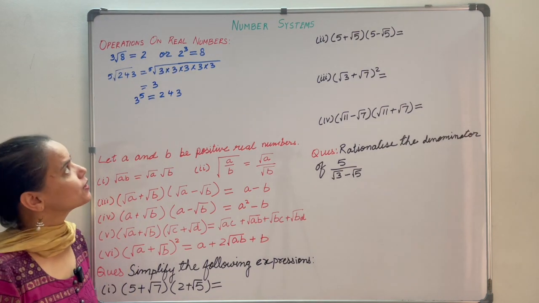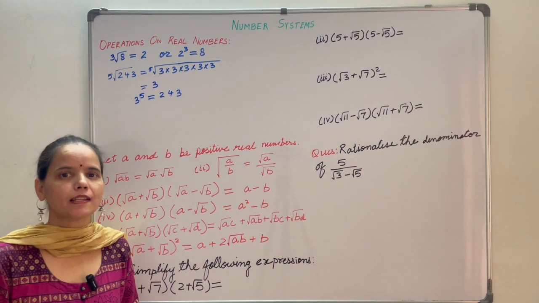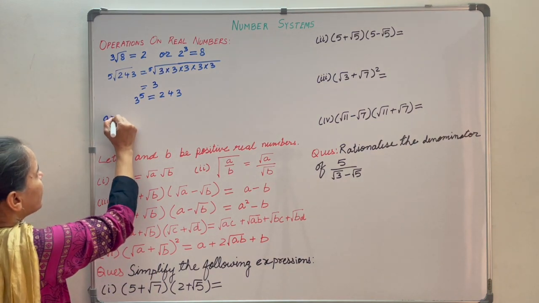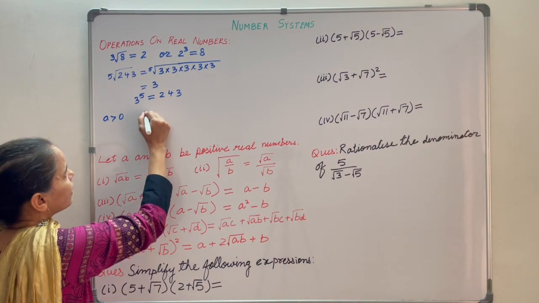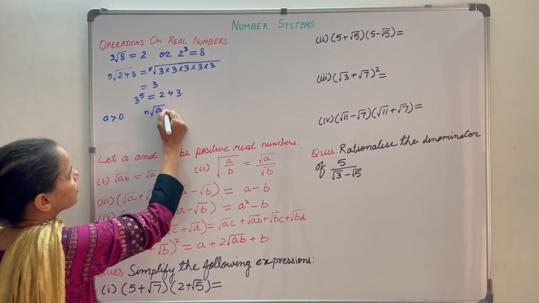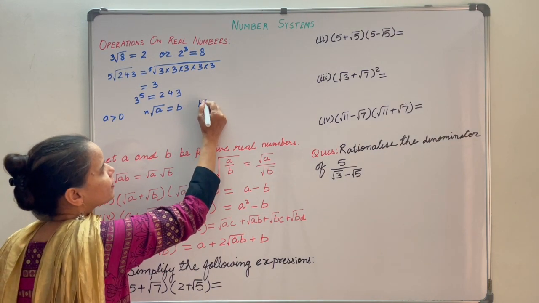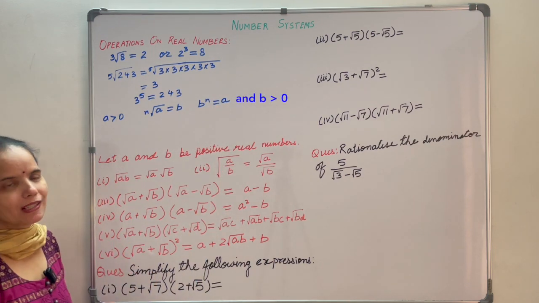So using these examples, let us generalize that if a is a real number which is greater than 0 and n is a positive integer, then nth root of a is equal to b if b raised to power n is equal to a. Are you able to relate it?